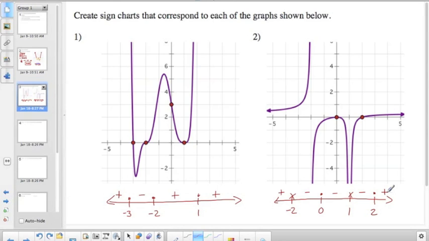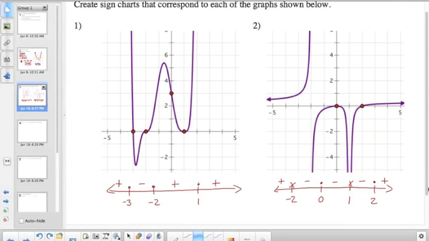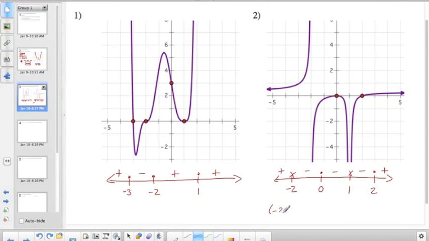I would say negative 2 to 1, and then 1 to 2. Notice we can't include 1 because it is not part of this function. There is a vertical asymptote there.